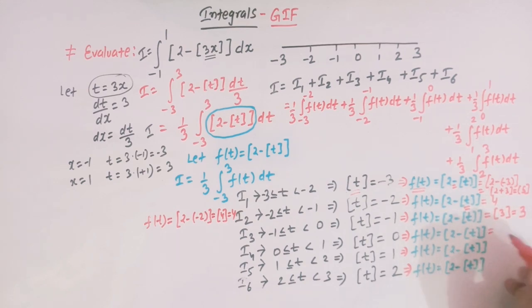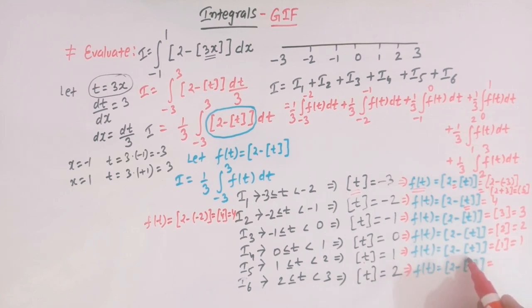And similarly here the greatest integer of t is equal to 0. So this is 2 minus 0, that is 2, and the greatest integer of 2 is simply 2. Here the greatest integer of t is 1, so 2 minus 1 is 1, and the greatest integer of 1 is 1. In this case the greatest integer of t is 2.